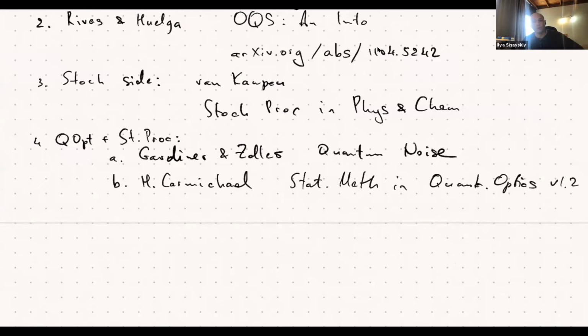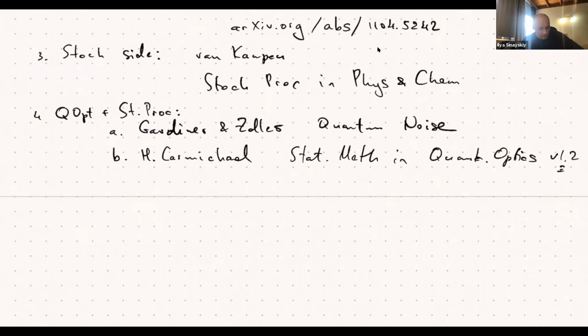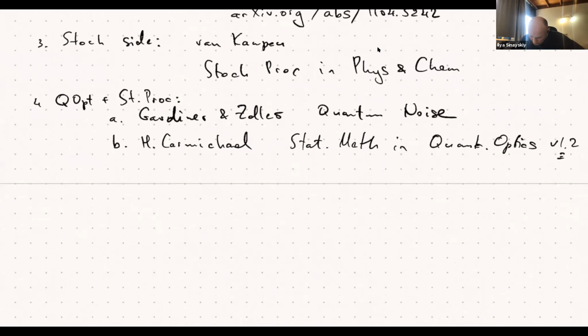This book has 2 volumes, but for general purposes you want to stick to volume 1, and in volume 2 there are some advanced applications. And there is also a very nice book by Walls and Milburn, called Quantum Optics.